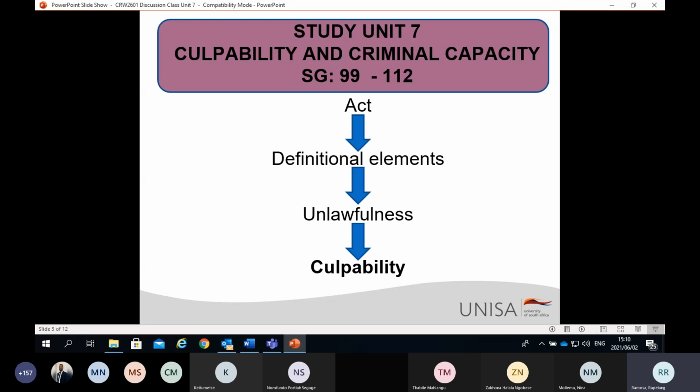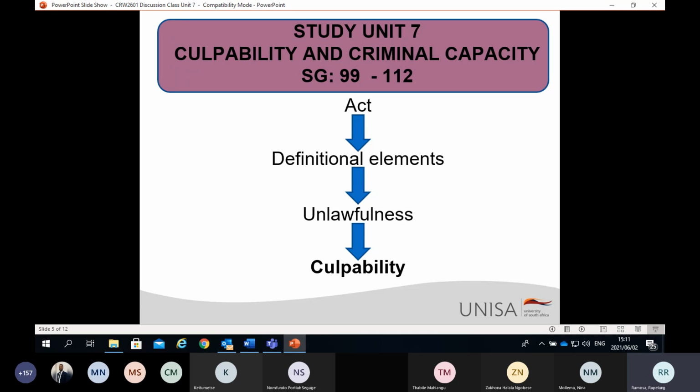Next week, we will cover the other two defenses excluding criminal capacity, being mental illness and youth. Following from there, we'll get into intention for the next two study units, and then we'll speak about negligence in the next unit.